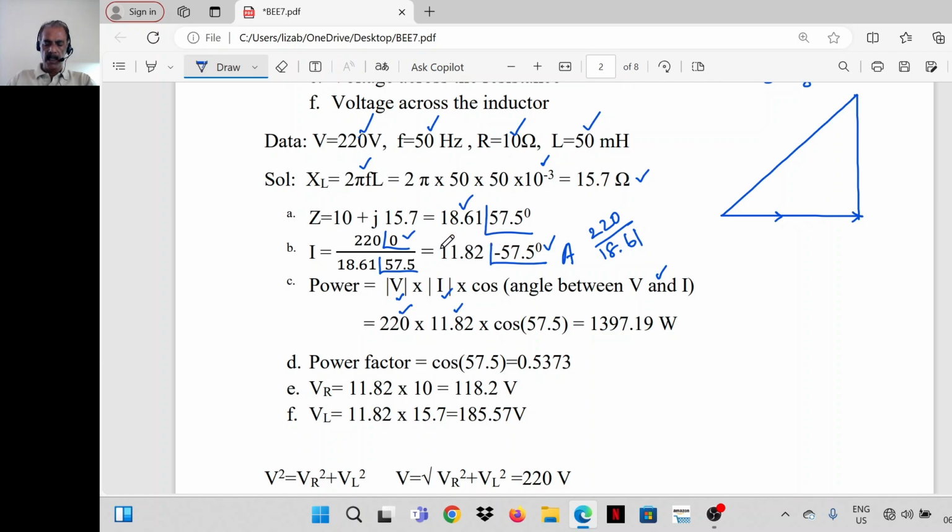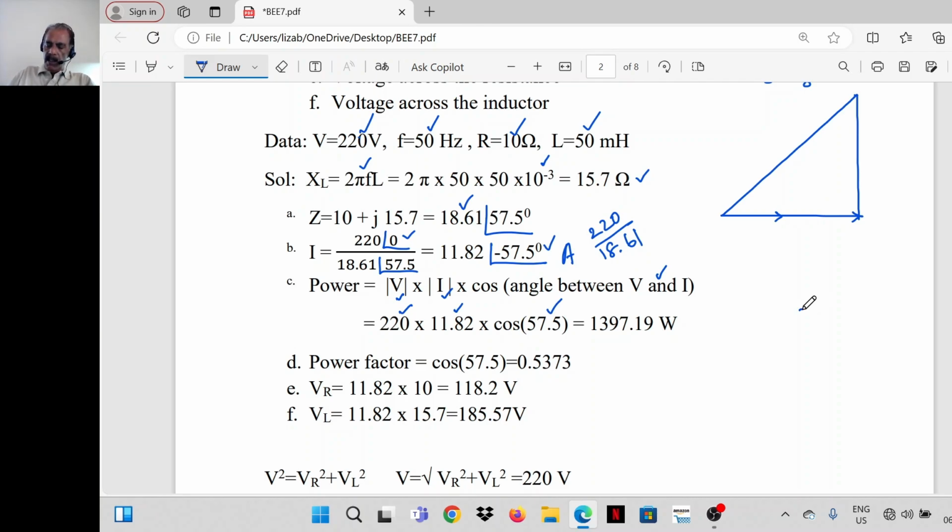So 11.82 is the magnitude of the current passing through the circuit. So 220 into 11.82 into cosine of the angle between V and I. V is taken as the reference. I is at an angle of 57.5 degree, lagging behind the voltage. So the magnitude of the angle between voltage and current is 57.5 degree.